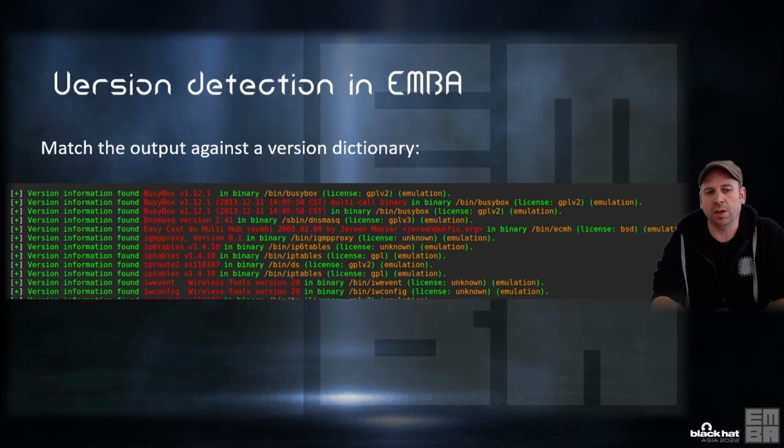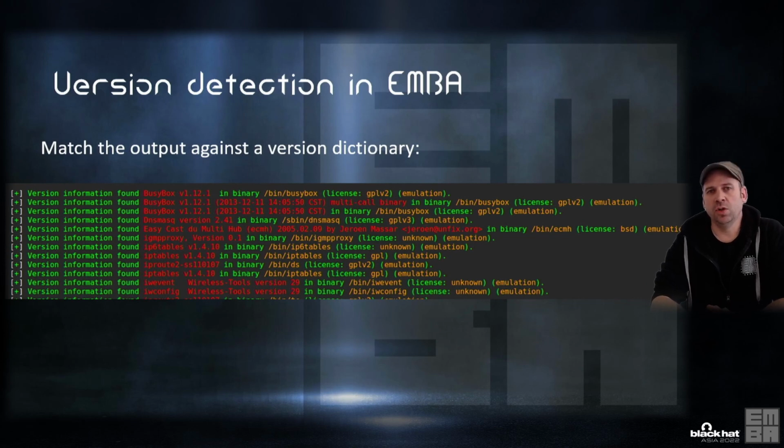You can see there are different version identifiers, like BusyBox version 1.12.1, dnsmasq, igmpproxy, iptables, and so on and so on. All of these version identifiers look different, so it's not that easy to query further databases with them.